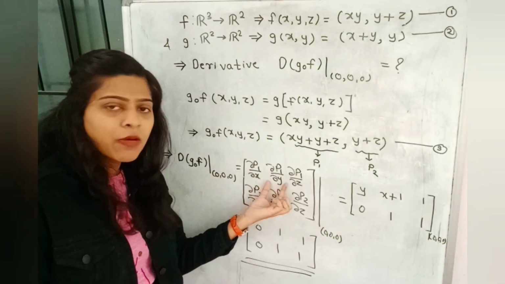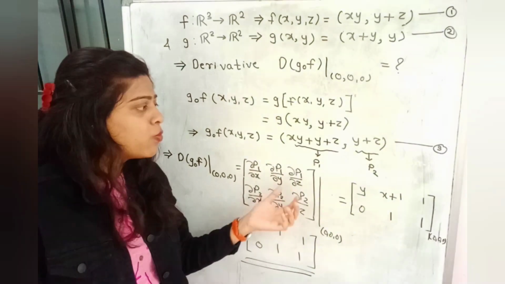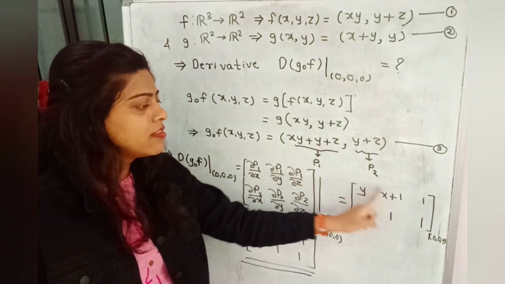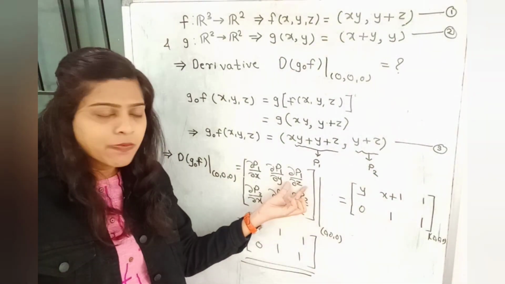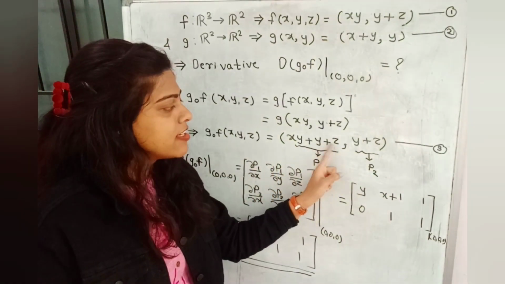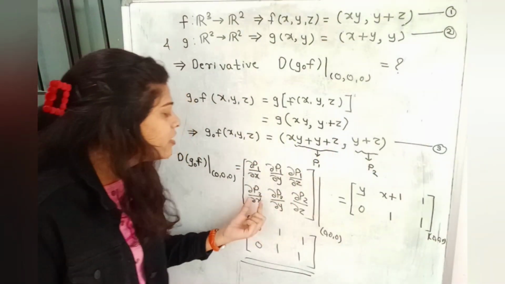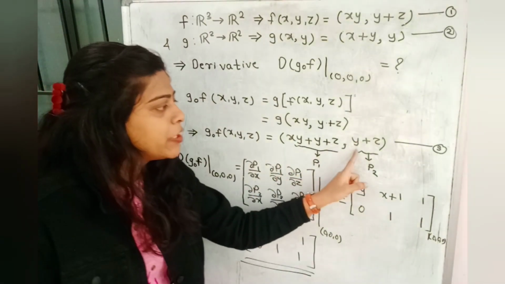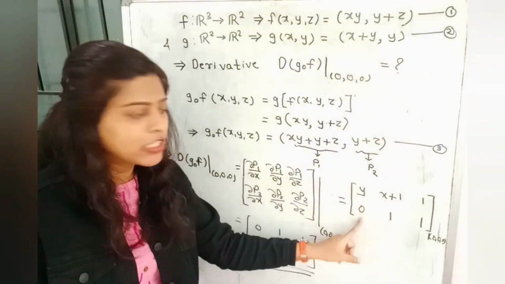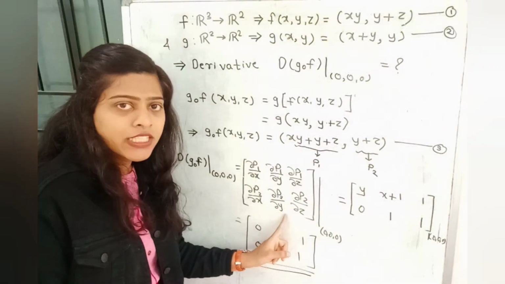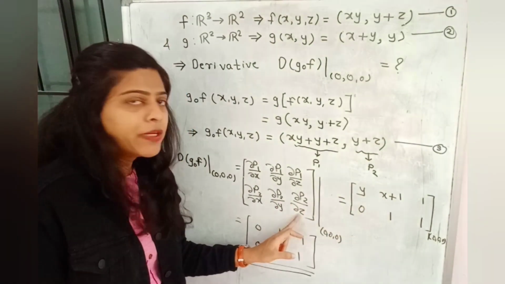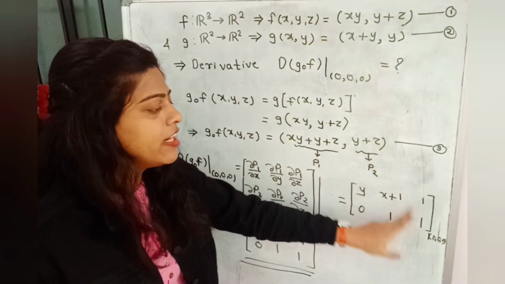Similarly, dou p1 upon dou y gives x plus 1. The derivative of p1 with respect to z gives 1. Similarly, the derivative of p2 with respect to x is obviously 0. The derivative of p2 with respect to y is 1, and with respect to z is also 1.